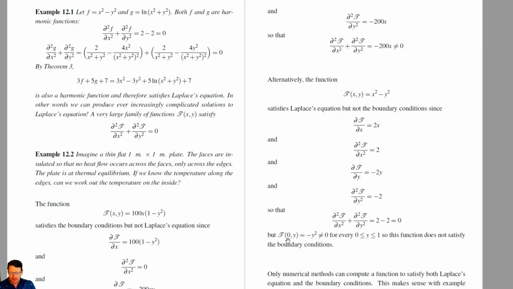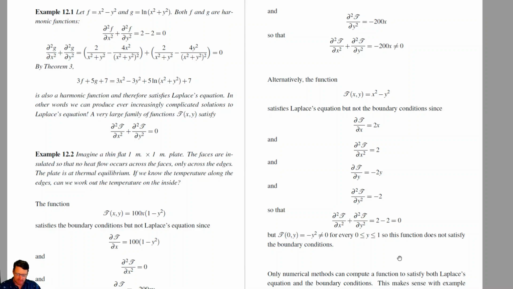Okay, so this doesn't satisfy the boundary conditions here. And so it's not an easy problem to analytically solve for a function that both satisfies Laplace's equation and satisfies the boundary conditions, that is the temperature along the boundaries of your metal plate.